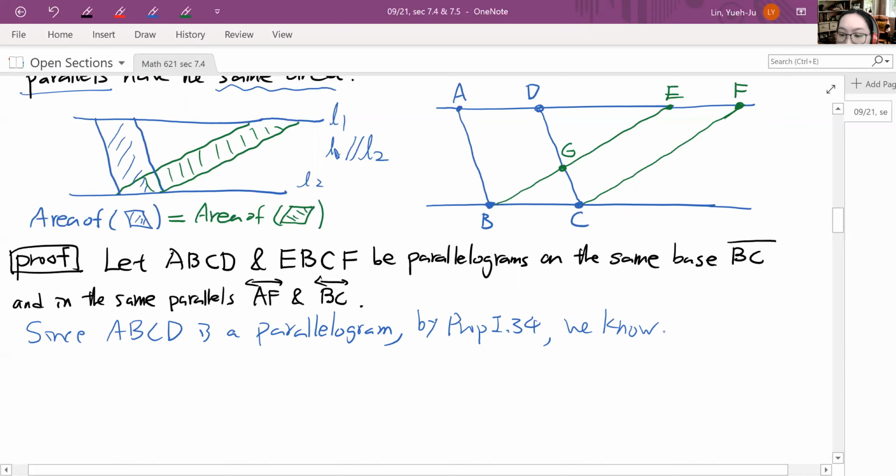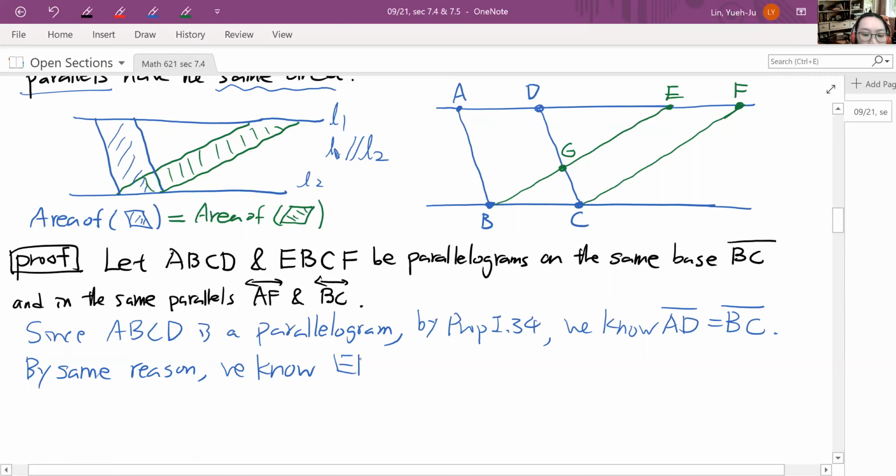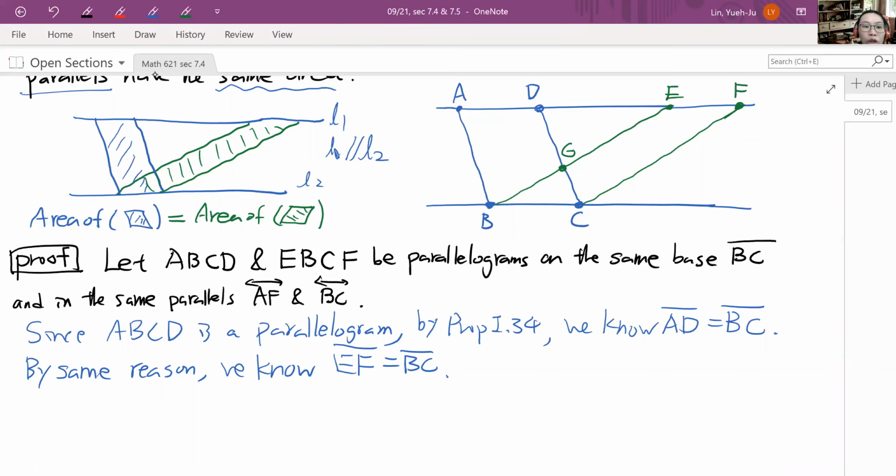So first, we right away know AD equals BC, right? That's the first thing. And we have another parallelogram, BCFE, so we can do the same thing. So by the same reason, this time we know that EF is going to equal BC, right? So this is just coming from the fact that we just proved.